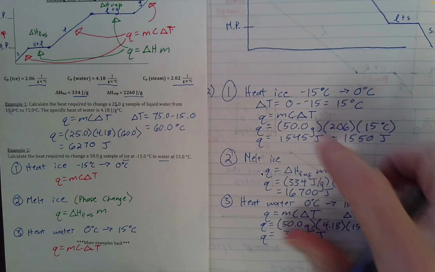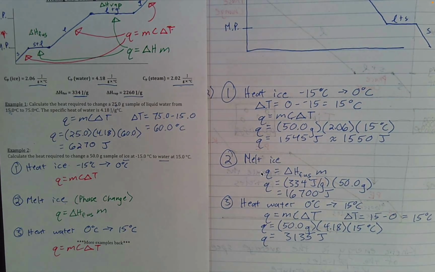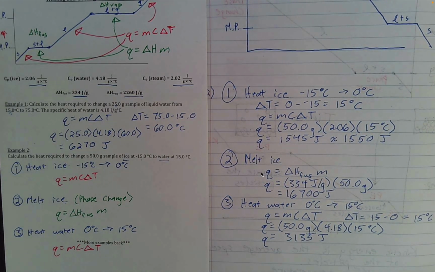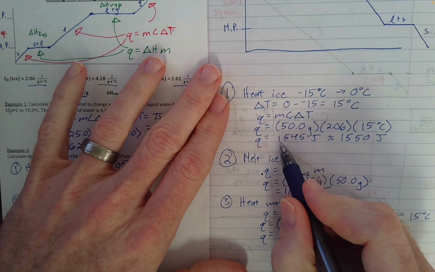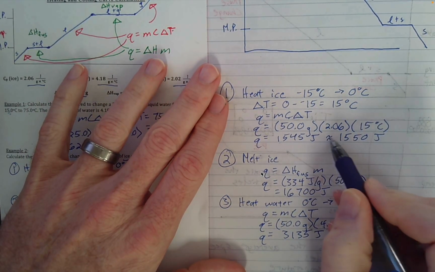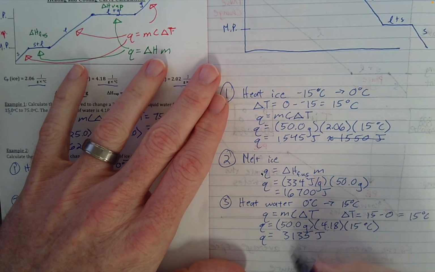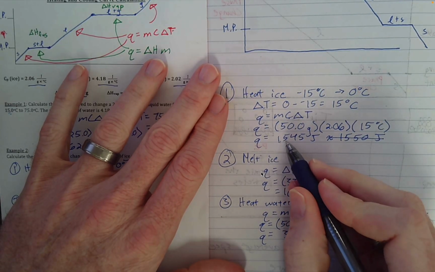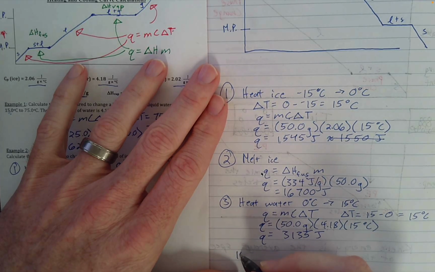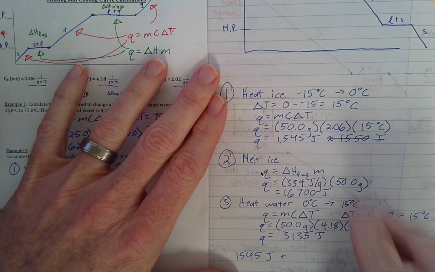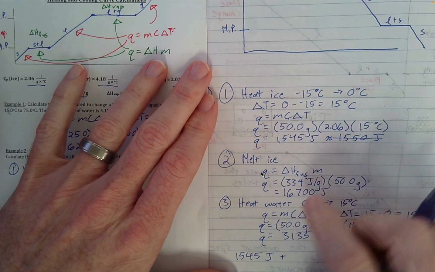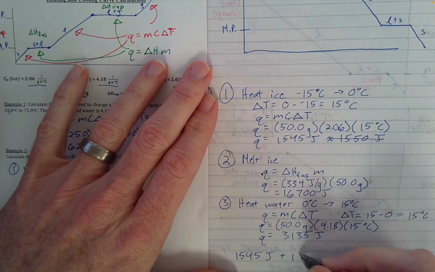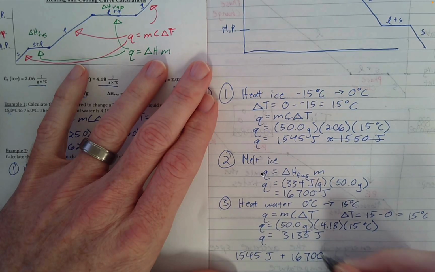So, almost there. The total heat. Total means the sum. We're going to add them all together. So I'm going to add in, I probably shouldn't have rounded early. Let's round at the end. So I'm going to add in 1,545 joules. It took that much to heat the ice. It took this much heat to melt the ice.